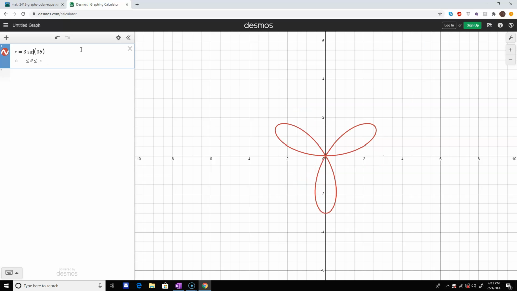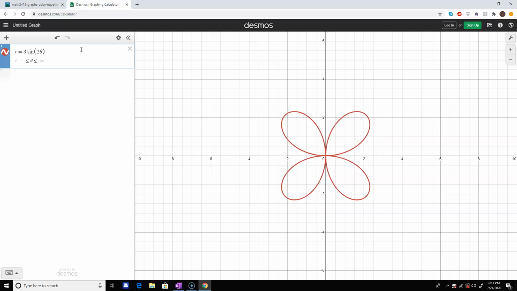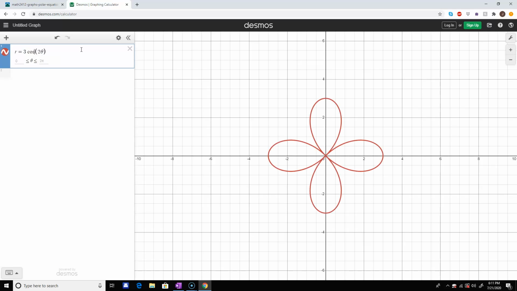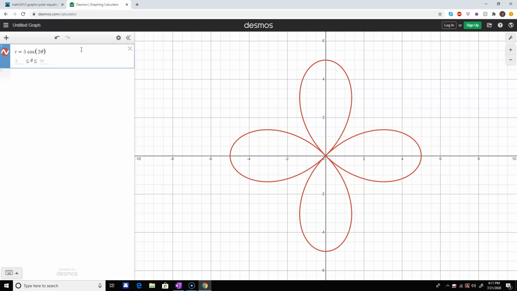So when the coefficient on the inside is odd, you're going to get exactly that number of petals. When it's even, it's going to be doubled. So if I put a 2 here, I should have 4 petals. And same with the cosine. So you see those rose curves. The number on the inside is going to affect the number of petals, and the number on the outside is just going to affect the size of the rose petals, how big they are.